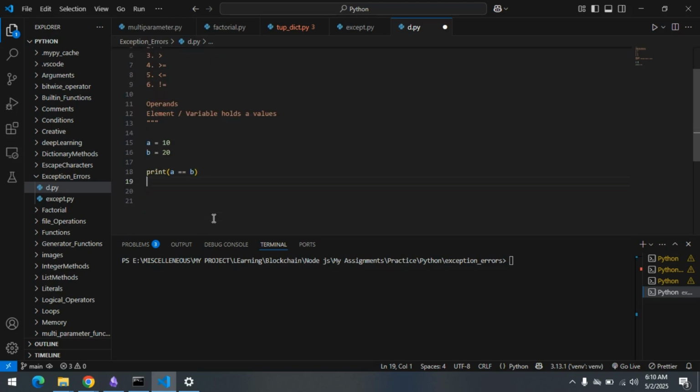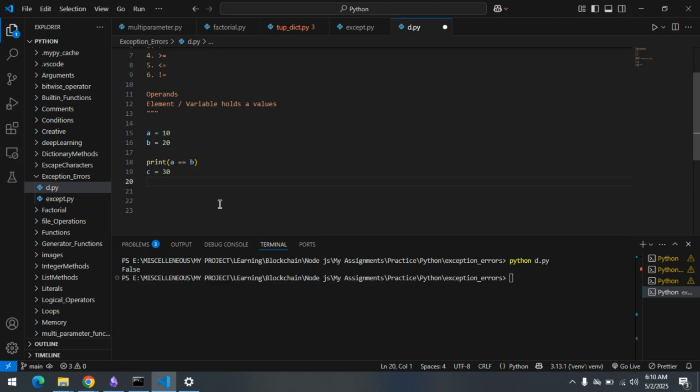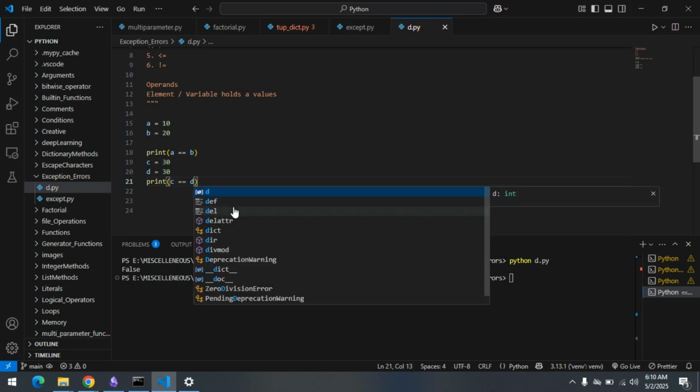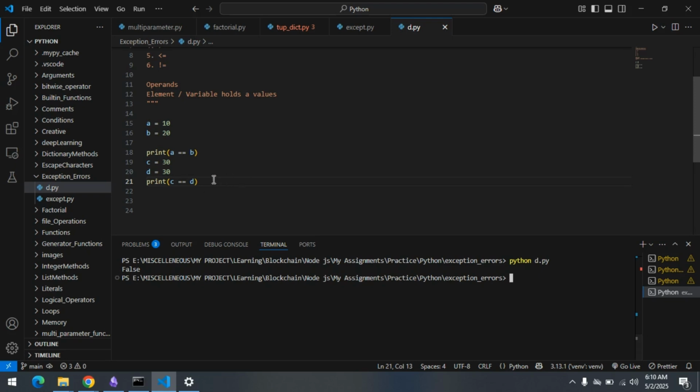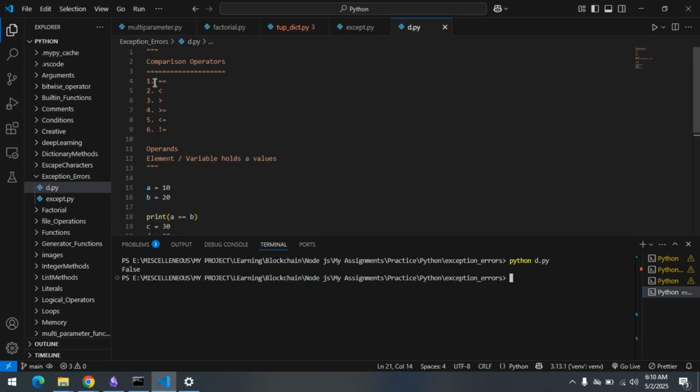Okay, let's check. Python d.py. There you go. It's false because it's 10 and 20. They're not equal. Okay, so let's check c = 30 and d = 30. Print C is equivalent to D. So you can use the word equivalent as well when describing this operator.